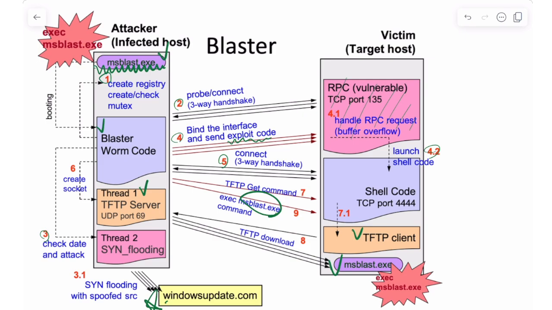The attacker, the MS Blast can automatically search vulnerable RPC services, and after that, the target host, the victim, will become a new infected host, and so on and so forth.